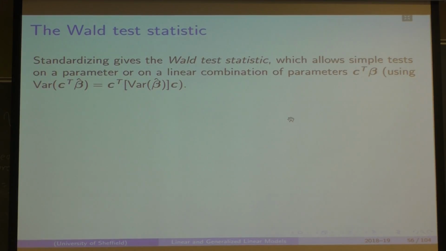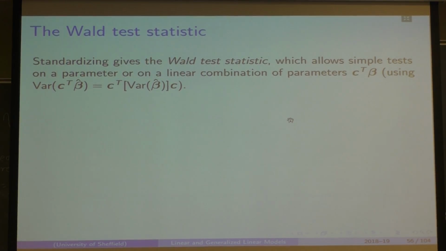So one thing that you can do if you have estimates of your parameters and an estimated standard error, which you can get from the variance covariance matrix, is you can do tests. You can standardize your estimated parameter by dividing by the estimated standard error. That gives us ways we can do hypothesis tests. We can do a hypothesis test on a particular parameter.